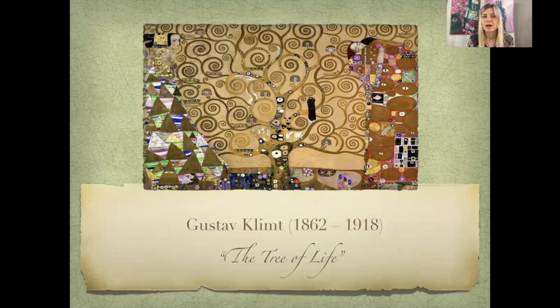So one of the artists who was inspired by Egyptians and Japan style was Gustav Klimt. If you look at this picture, the Tree of Life, he incorporated symbolism. He was a kind of new wave inventor in the symbolism art movement.